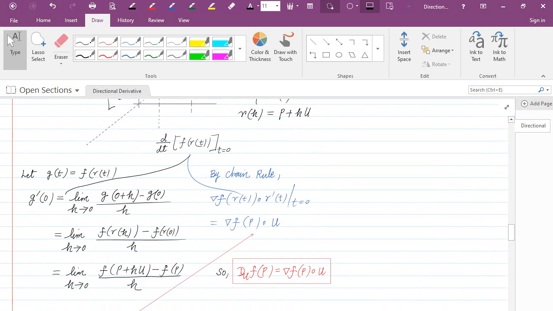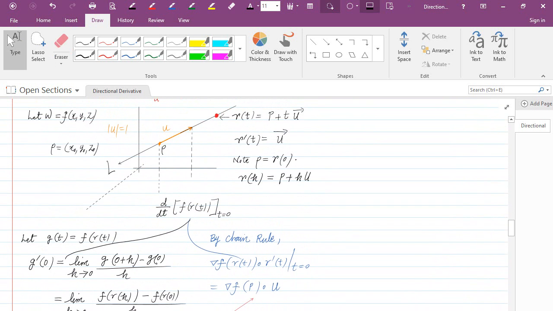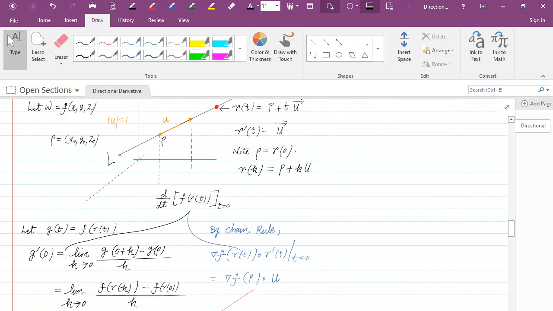So if we plug that in, we get the gradient of f at P. So when t is 0, r of 0 is P. So we get the gradient of f evaluated at P dot product with r prime, which is u.